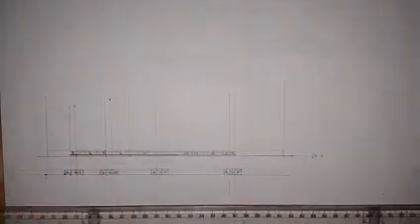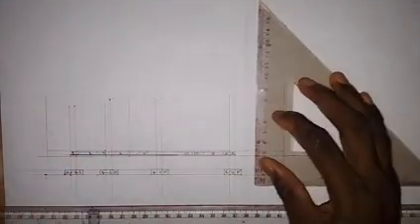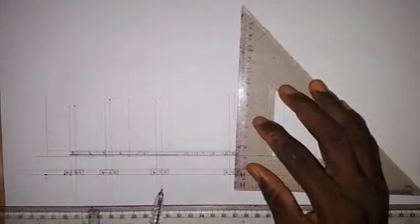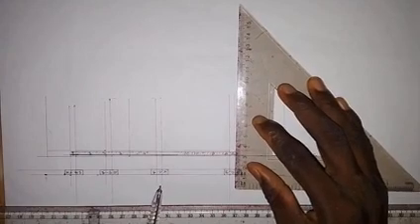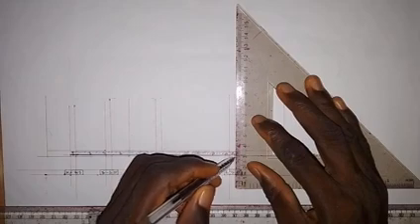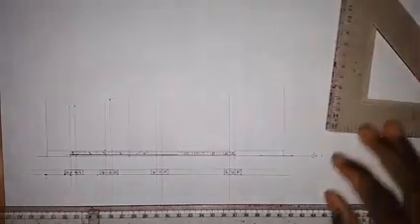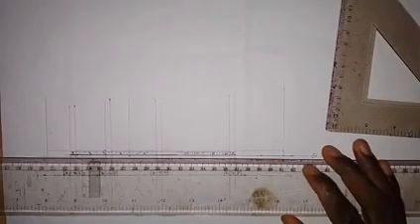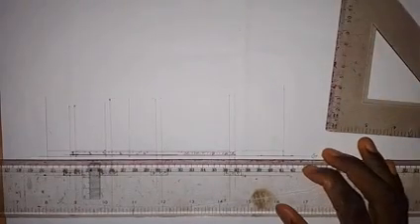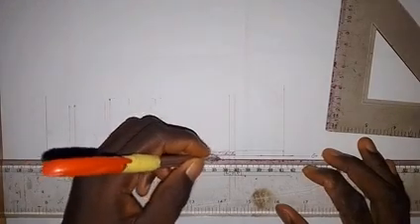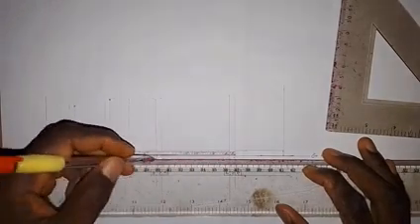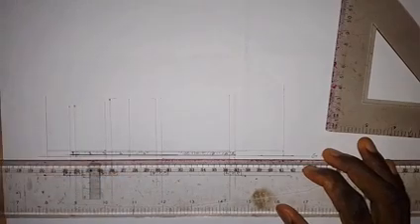Hard core is 150. So from this point on the concrete slab, we take 3 millimeters down. So this is 1, 2, 3. This is 3 millimeters. So here we draw a horizontal line. So the hard core does not pass through the wall.